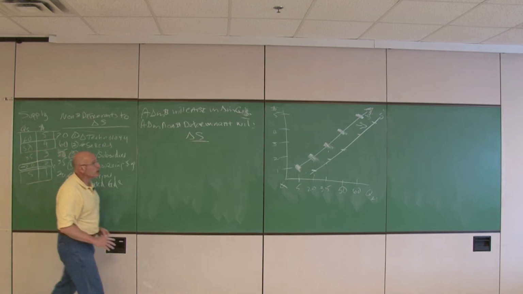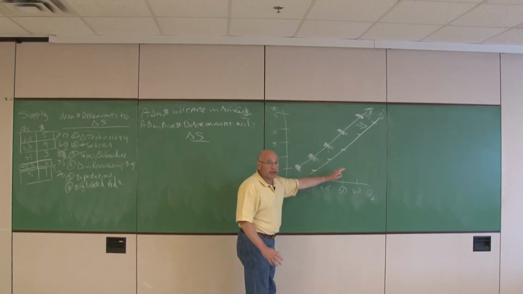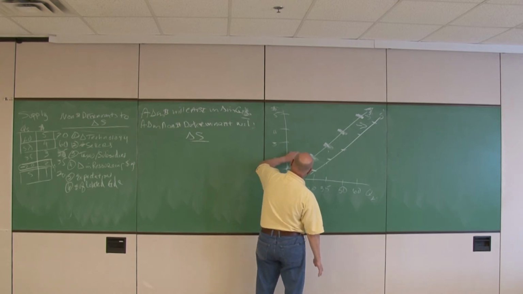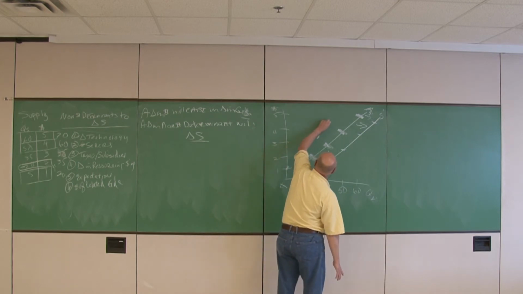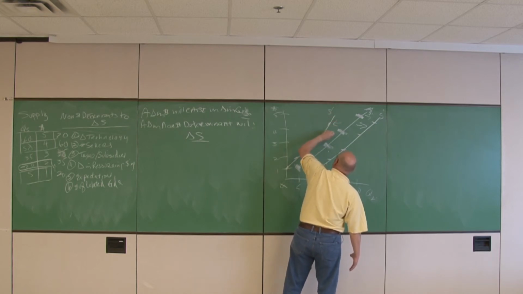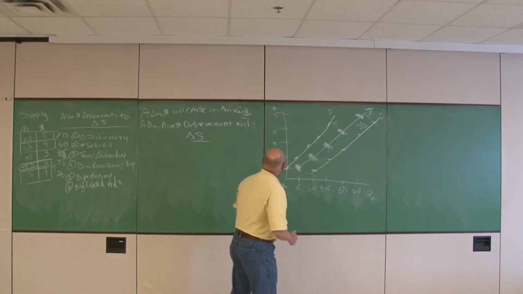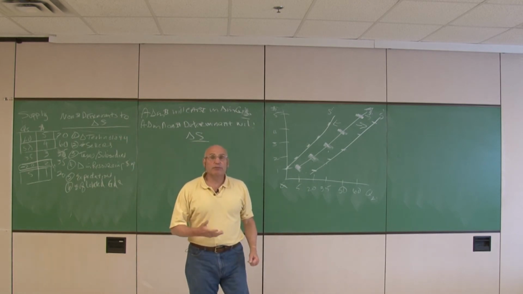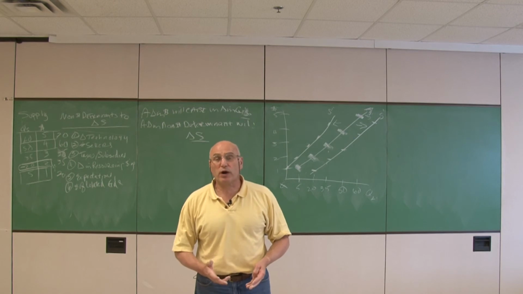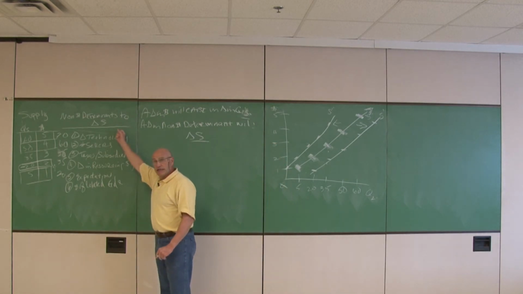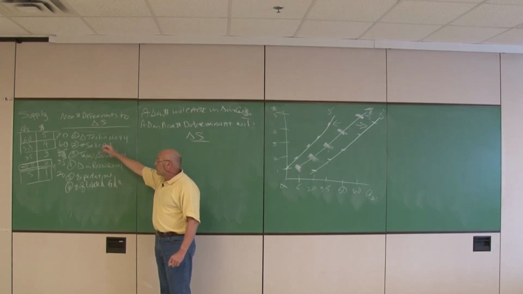What will cause my supply curve to either increase, move to the right, or decrease, we'll call this S double prime, moving it closer to zero, is a change in technology. Technology means that I can produce more of a product at a cheaper price. And therefore, if I have a change in technology, my supply curve will go up.